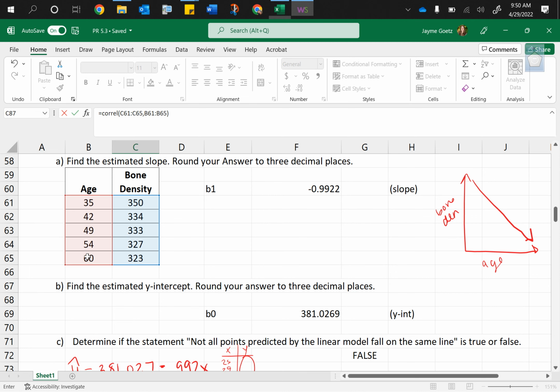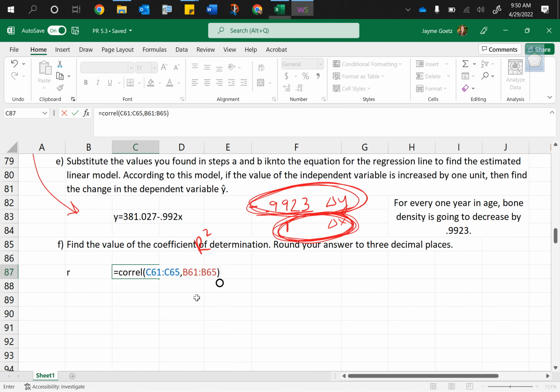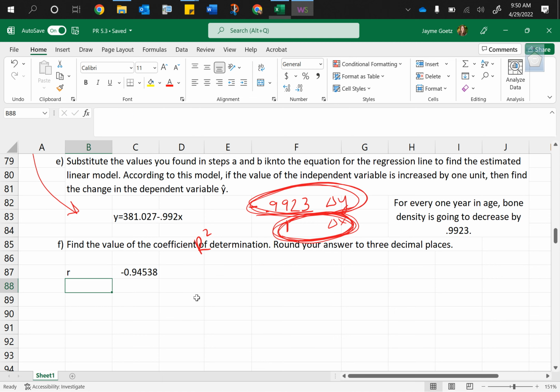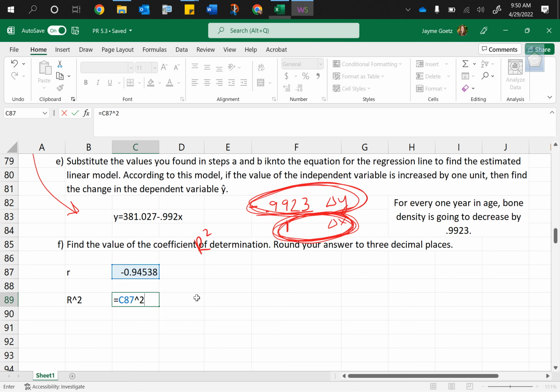Doesn't matter what order you put them in. Don't forget, with correlation, it doesn't matter. Okay? That's what we should have. And then your r squared value is literally just your r value squared. That's all it is. Okay? It's all that it is. Now again, they want you to round your answer to 3 decimal places.